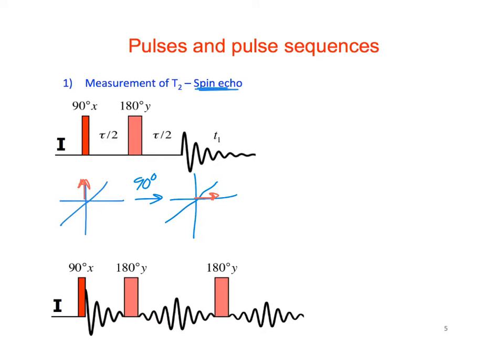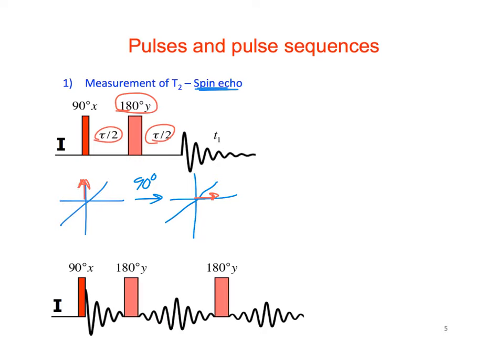And then, notice here, we do a series of experiments where we do a 180. So the idea here is we wait some amount of time. This place said tau over 2, sometimes they just call it tau. I guess tau over 2 means we have one long delay and you're using the equal value on each side of this 180.